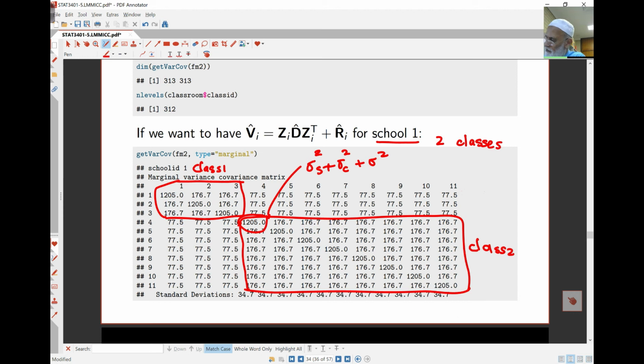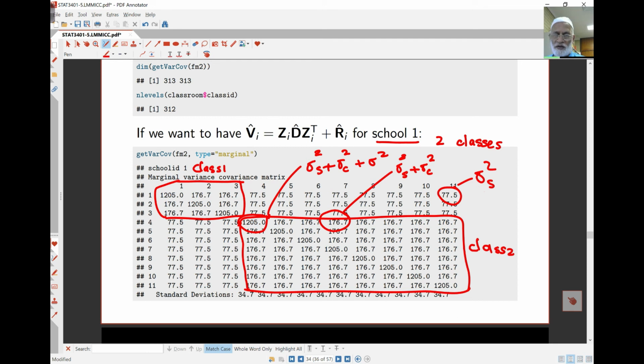Then the outside terms here are going to be sigma squared school. And then the off-diagonal elements over here are going to be sigma squared school plus sigma squared classroom.